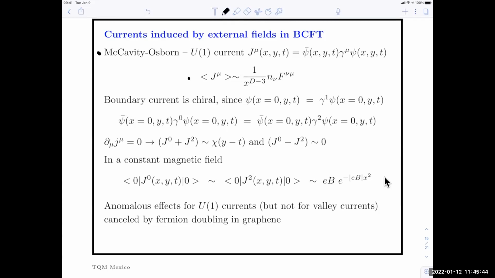It should simply be proportional to this combination of stuff times a power of 1 over the distance from the boundary. That power law is dictated by the dimensions of things. F mu nu always has dimension 2. In 3 dimensions, the current density has dimension 3, so it should go like 1 over x. When you're living, pardon me, in 4 dimensions, the current has dimension 3 and should go like 1 over x. And indeed, it has a power of 1 over x, which is just enough to make this dimensionally consistent.